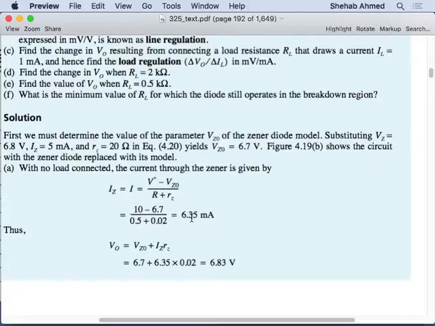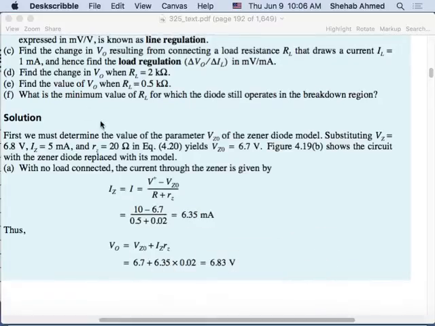So I had 6.35 milliamp going from my source through my Zener diode at no load. Now my load is requiring 13 milliamps. Can I provide that? The source can provide that, but it means that the current flowing through my Zener diode is 0.